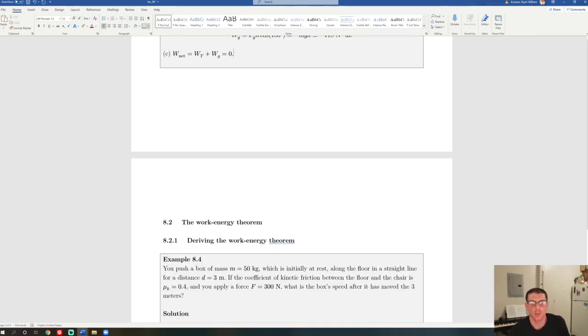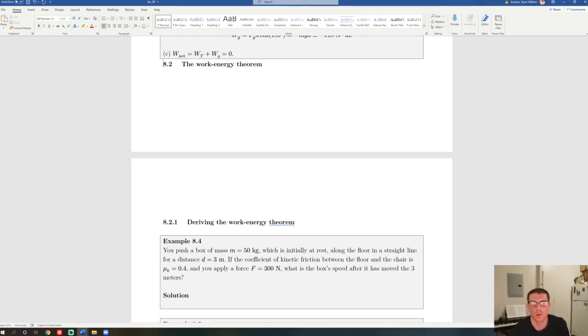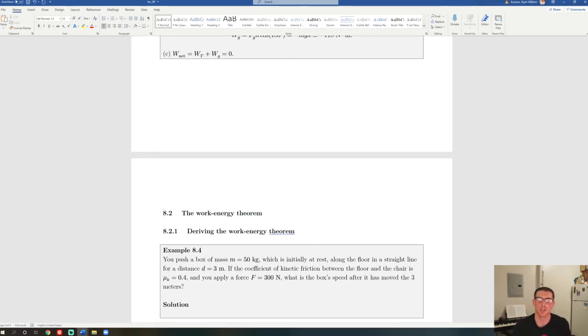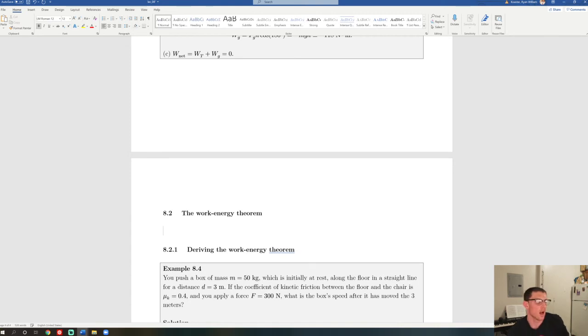And the thing that I want to talk about next is what I call the work energy theorem. I think people usually call it the work kinetic energy theorem, but that's a lot of words to say. So I'll just call it the work energy theorem, and hopefully you can remember that I'm referring to what the textbook probably calls the work kinetic energy theorem.